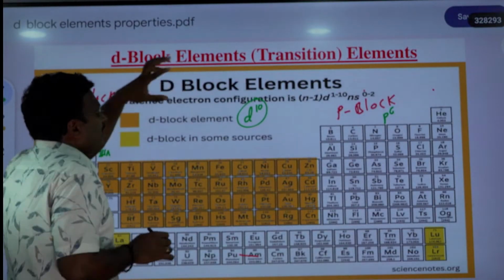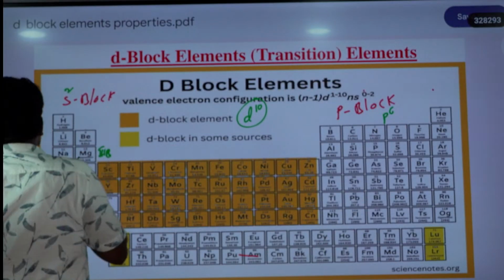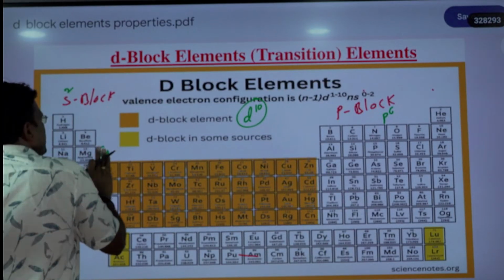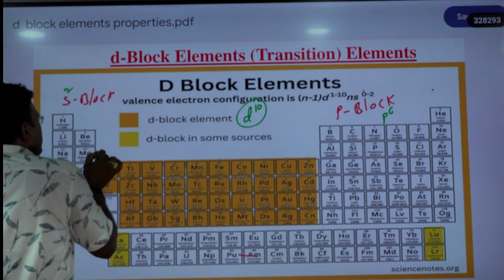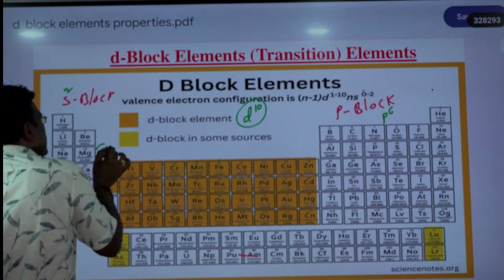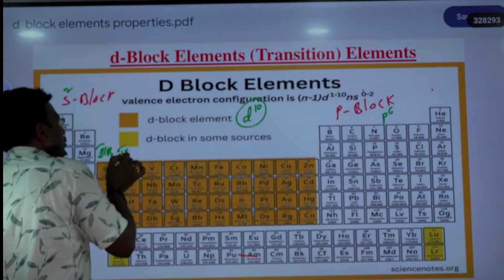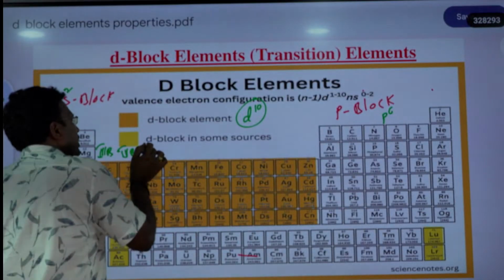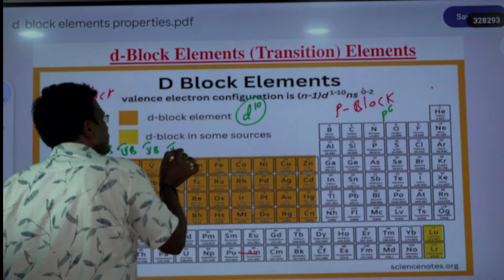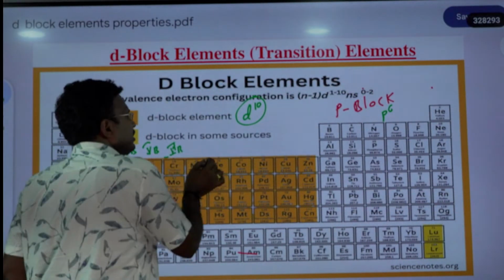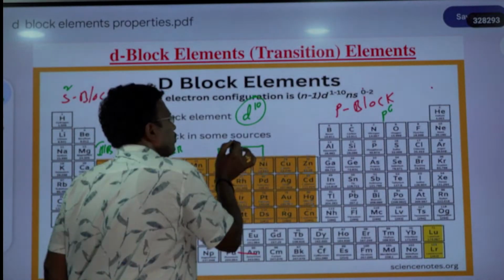The D block starts from the group third B. Third B group is started. Third B, fourth B, then fifth B, then sixth B, and seventh B, then the eighth, ninth, 10th, this is called the eighth group.